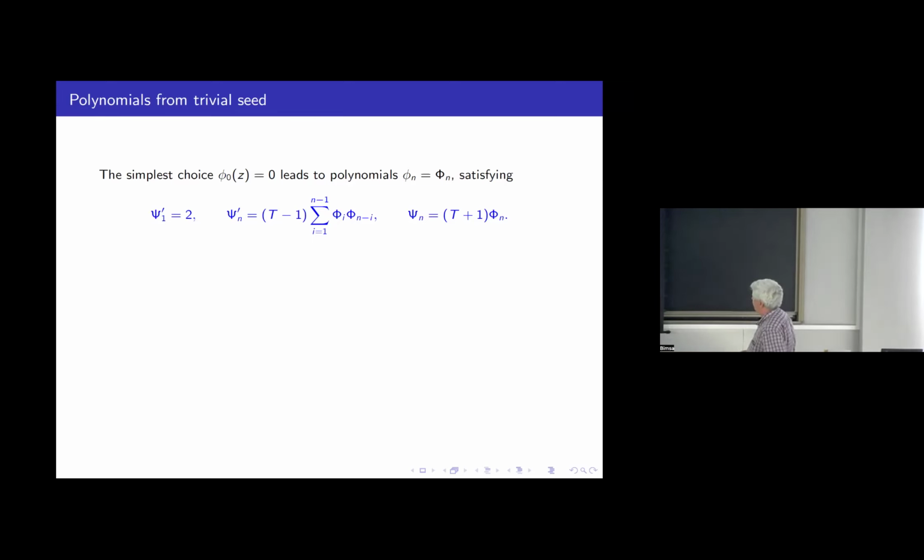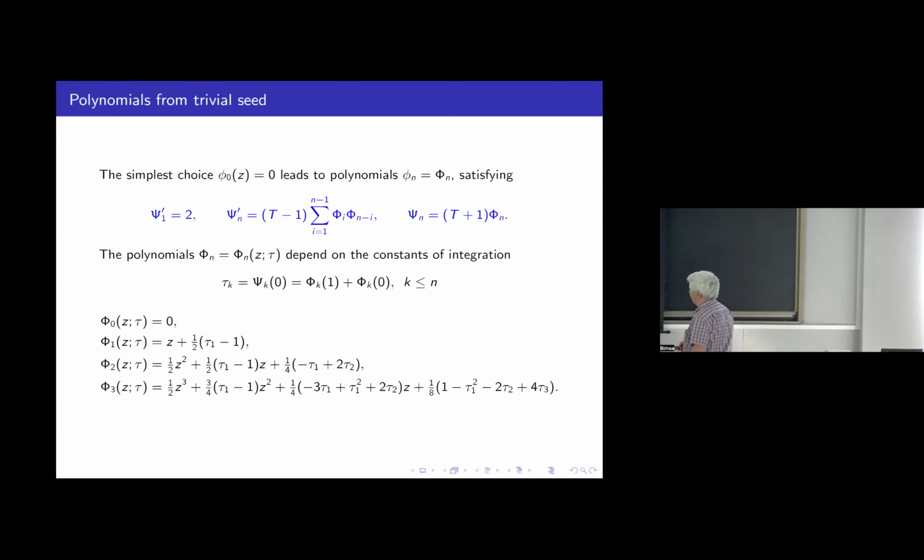So then this will be phi n, phi capital now, and this is right. And now you integrate, and every time you integrate, you have an extra constant. So in this way we came to this interesting family of polynomials, which we'll call phi n, z, and tau.